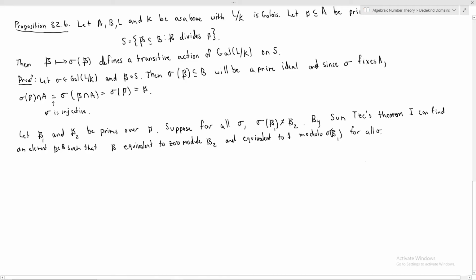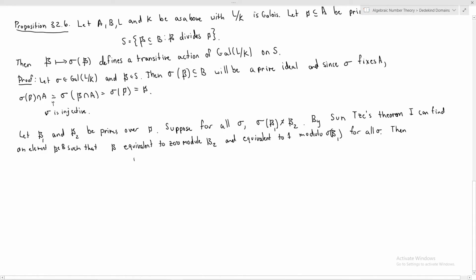Okay. So basically, one way to interpret Sun's theorem is I can solve any family of congruences modulo distinct prime powers. And so that's what I'm doing here, finding a beta that does this. What does this tell me?